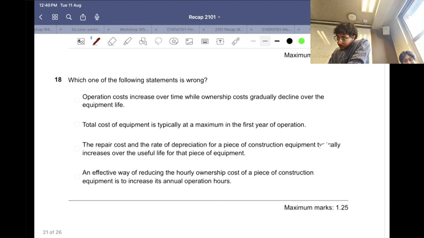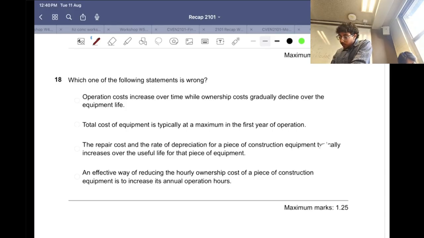18. Which of the following statements is wrong? Operation costs increase over time while ownership costs gradually decline over the equipment life. Total cost of equipment is typically at its maximum in its first year of operation. The repair cost and the rate of depreciation for a piece of construction equipment typically increases over the useful life that the piece of equipment has.